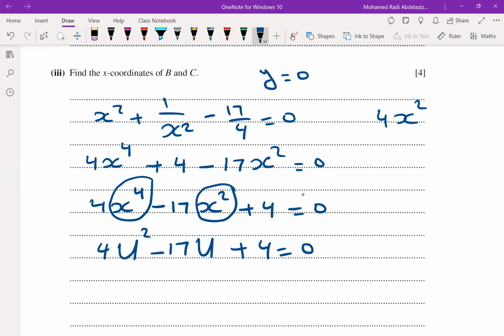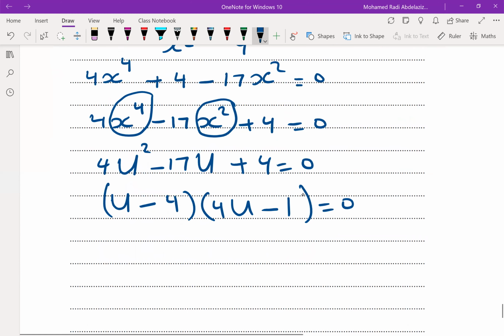If we factorize this expression, it will be 4u minus 1 and u minus 4 equal to 0. So u equals 4 or u equals a quarter.